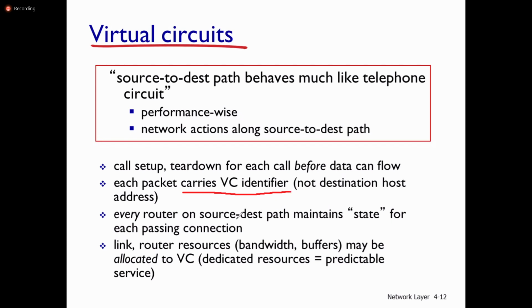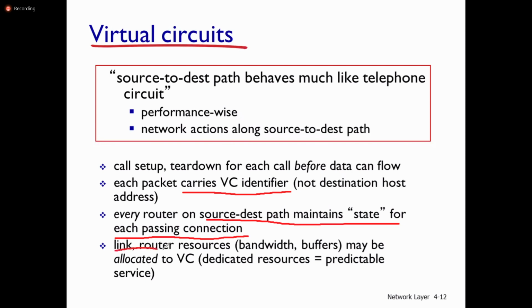Every router on the source to destination path maintains state for each passing connection. Since we are discussing the network layer, where we connect different networks, every router has to maintain state for each passing connection. What is the state?